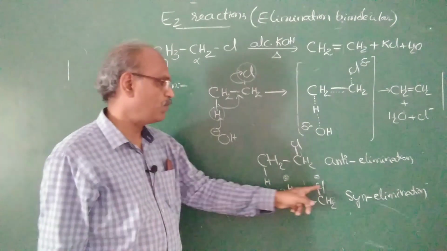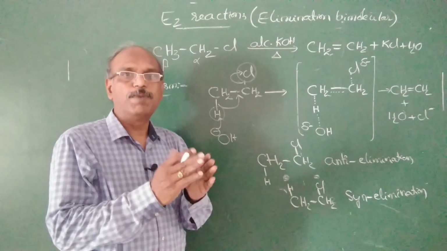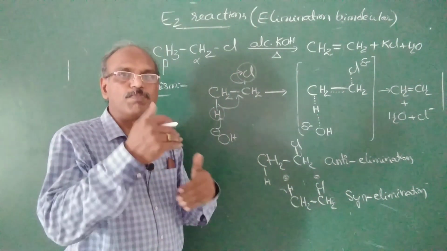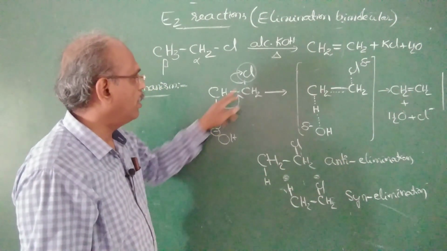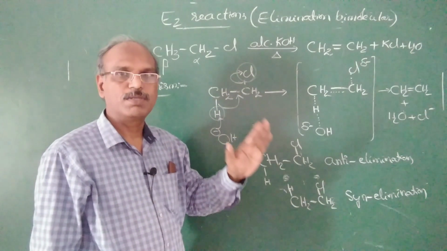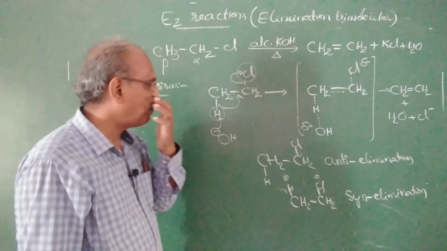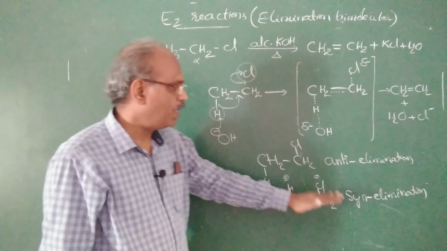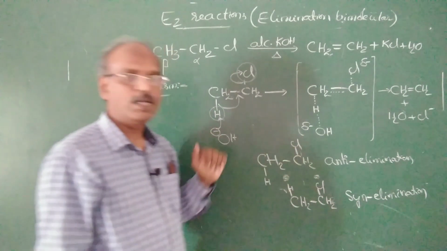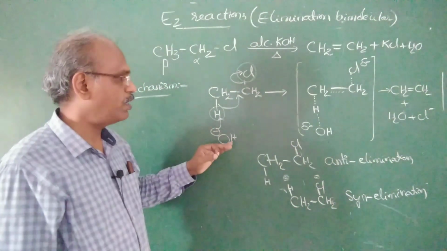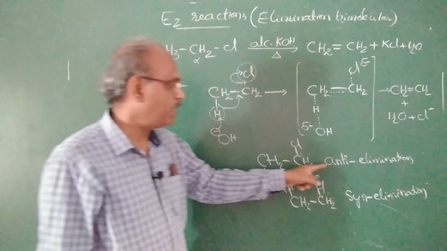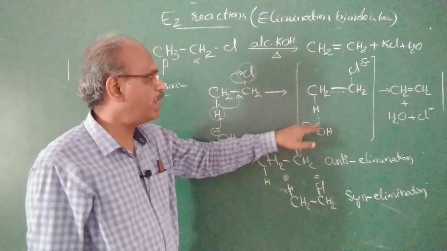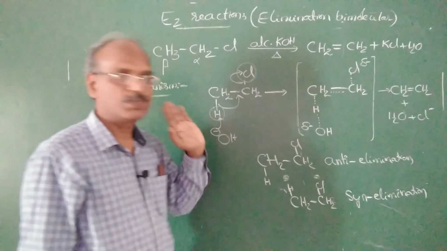Then what happens if they are on the same side? Repulsions arise. To minimize repulsions, what is the preferable orientation? Anti, if possible. So between syn elimination and anti-elimination, the preferable process is anti-elimination to minimize the repulsions.